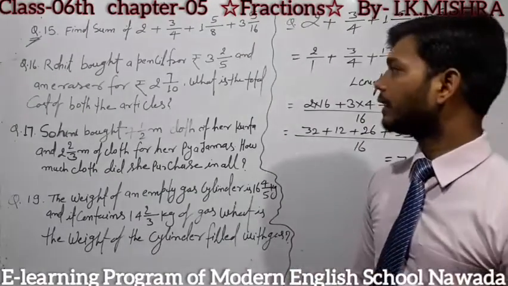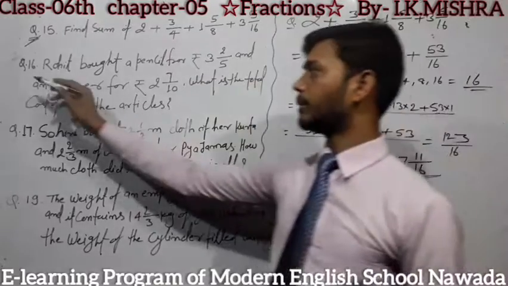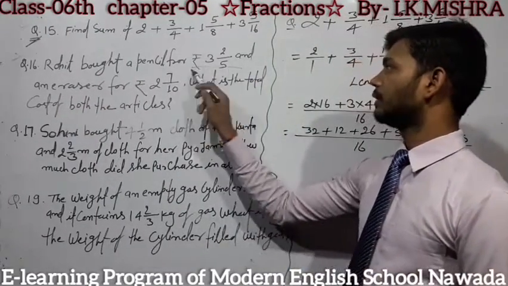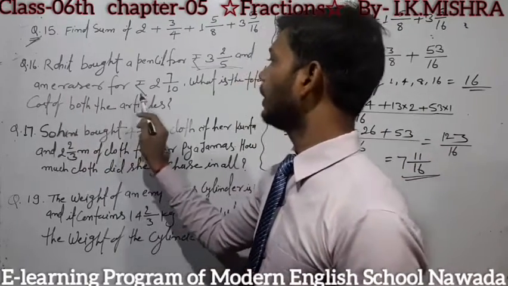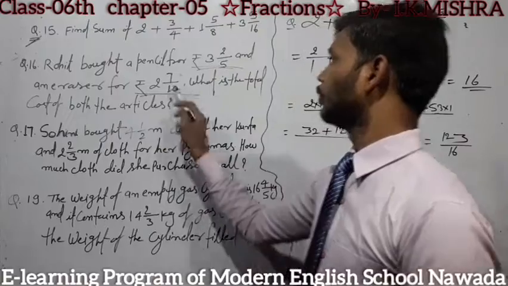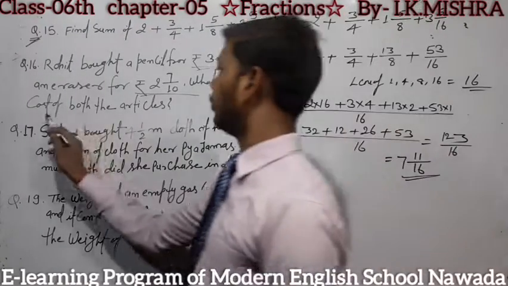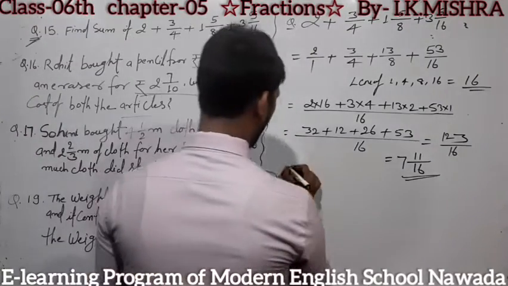Similarly, students, carefully read question number 16. Rohit bought a pencil for rupees 3 whole 2 by 5 and an eraser for rupees 2 whole 7 by 10. What is the total cost of both of the articles? Here, students, it's not a big question.